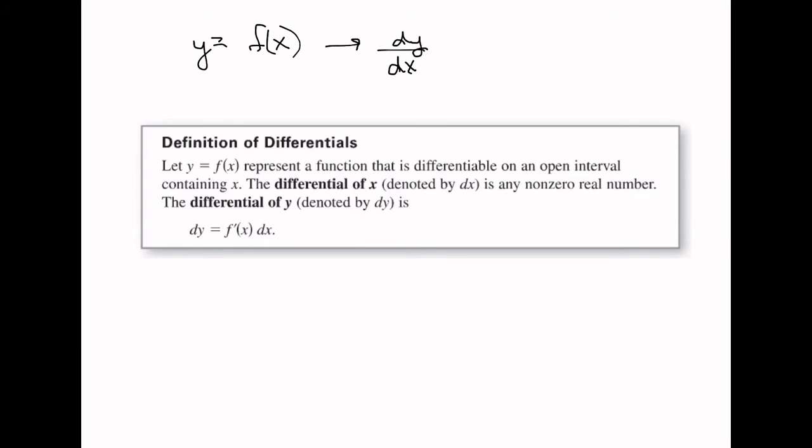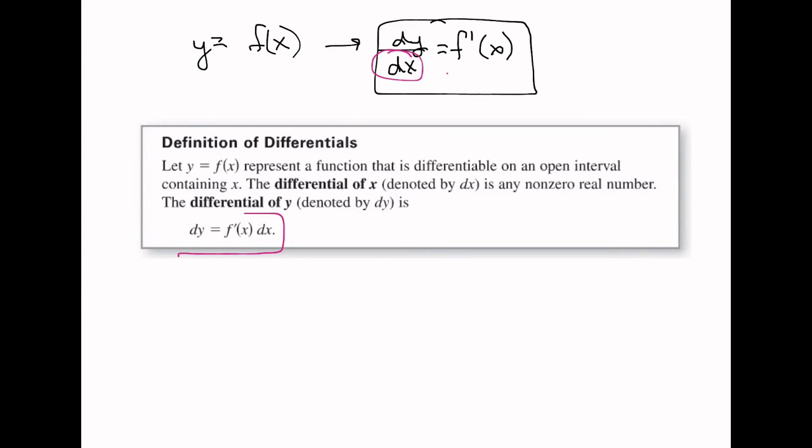Now we could write y prime, but I'm going to choose to use the Leibniz notation here. dy dx equals f prime of x. We'll just take this expression, dy dx equals f prime of x, and multiply both sides by dx. What would you get? You get this right here.